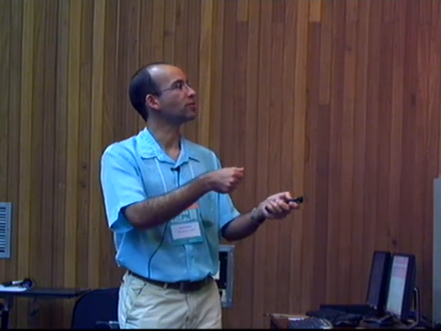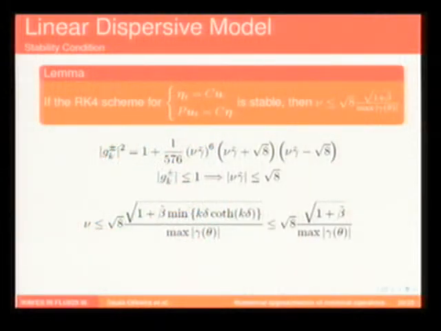The only thing we have to do is to make an estimate over the denominator that now goes as numerator of that expression. We take this minimum of k delta times hyperbolic cotangent of k delta. That's why I left the delta here. And this has a minimum of 1. And we find this expression.